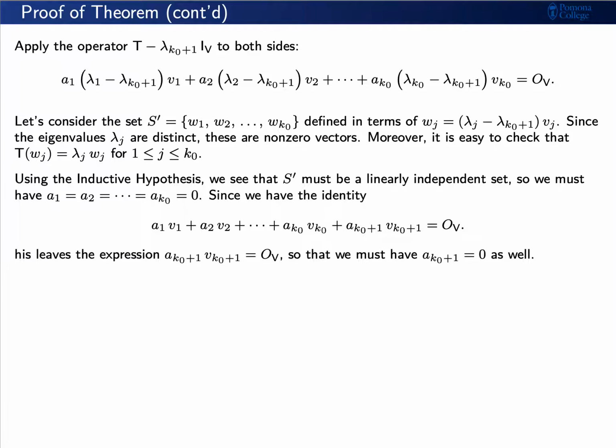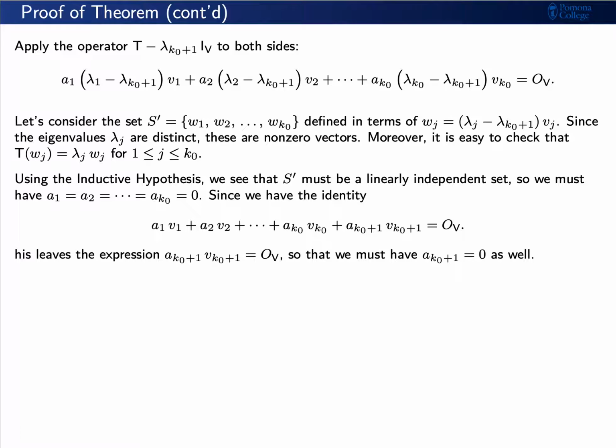But let's go back to the identity that we had on the previous screen. Here, recall that we had a sum involving the zero vector, a1 v1 plus and so on, a k0 plus 1 v k0 plus 1 equals the zero vector. But since the first k0 scalars, a1, a2 through a k0, must be 0, we see that we must have the final scalar, a k0 plus 1, be 0 as well.